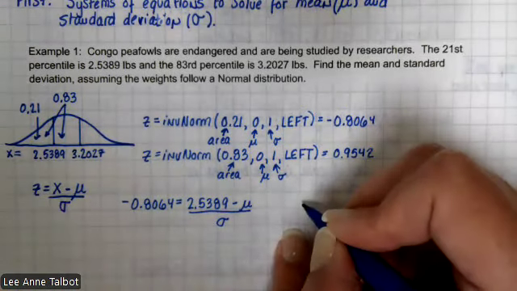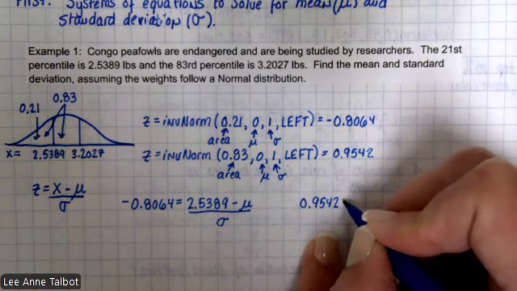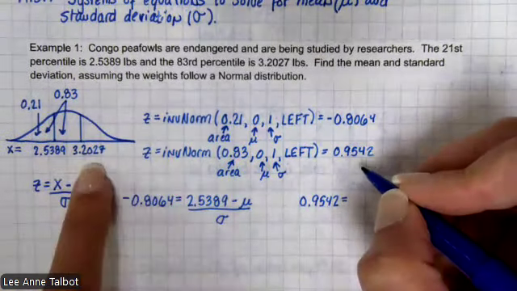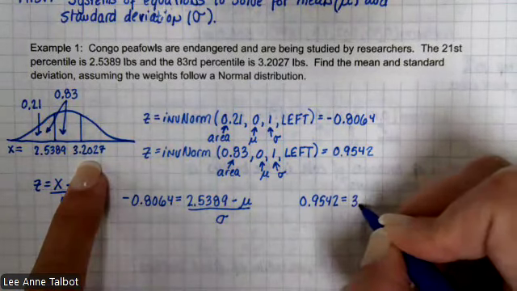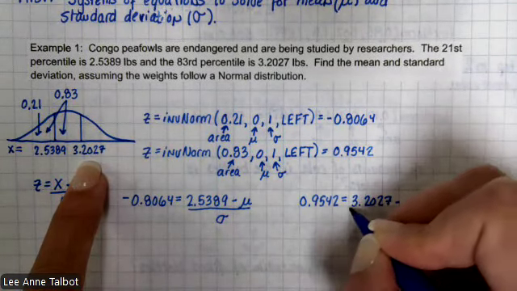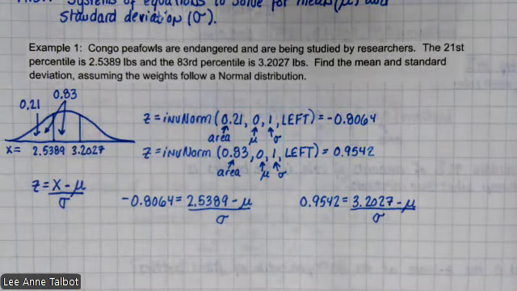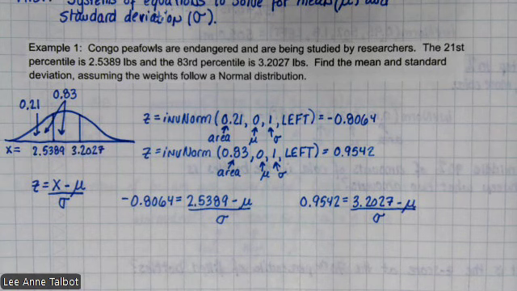Okay. 0.9542 Z equals, the X for that one is 3.2027 minus the mean divided by standard deviation. So now you have two equations, two unknowns, just like math one.